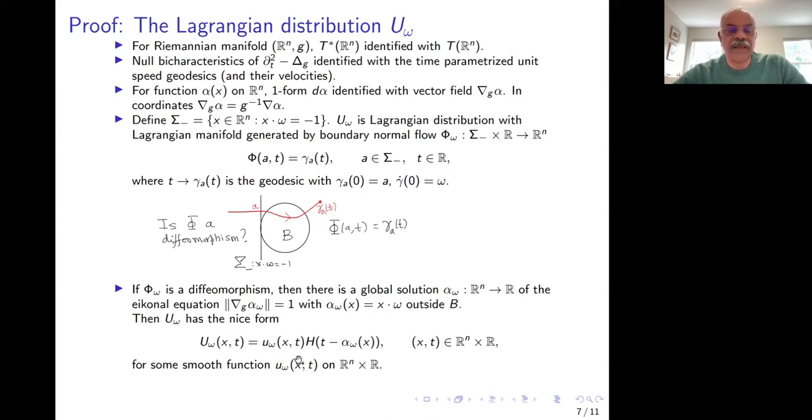So phi_omega being a diffeomorphism is very important. But we have not assumed anything about G which guarantees that phi_omega is a diffeomorphism. So we did not make that assumption. And that is the important point: our result does not require us to assume that phi_omega is a diffeomorphism.